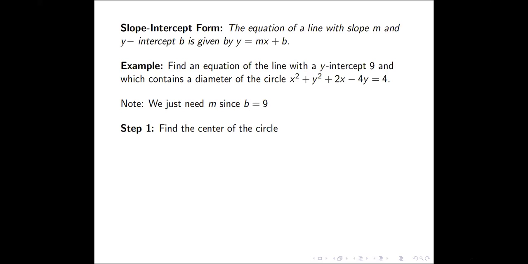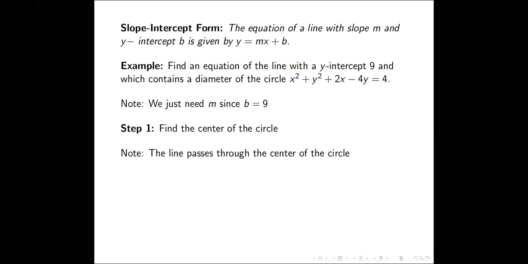Why do we need the center of the circle? Well, observe that the problem says that the line contains a diameter of the circle. There are infinitely many diameters, and one thing in common among the diameters of a circle is that they all pass through its center. The term for that is concurrent.